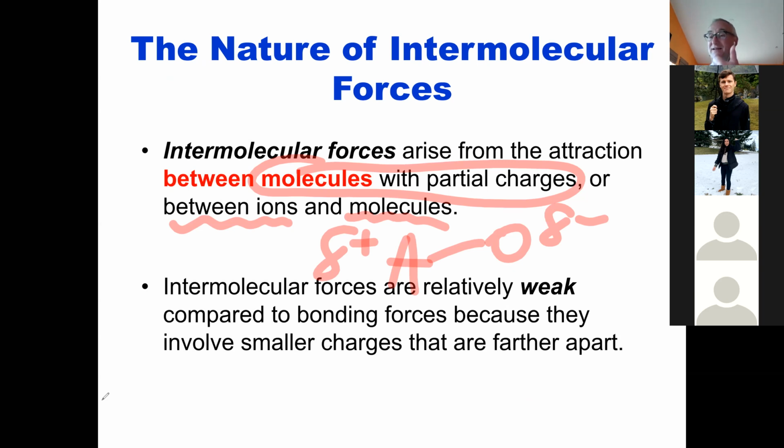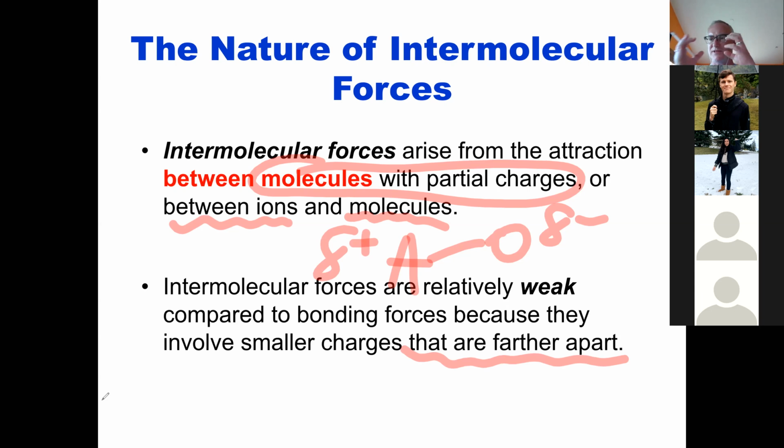Now, these are relatively weak compared to single, double, triple bonds. We're talking about sometimes hundreds of kilojoules of energy keeping those things together. These are much less strong than that because they involve much smaller charges and they're much farther apart.